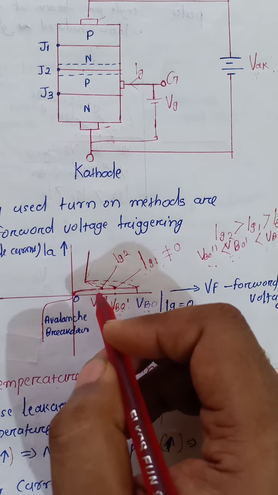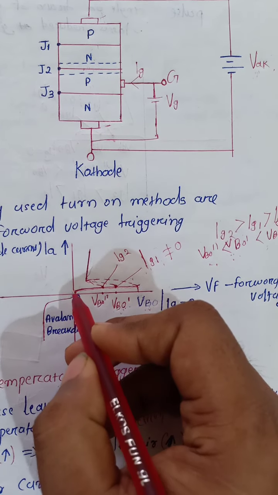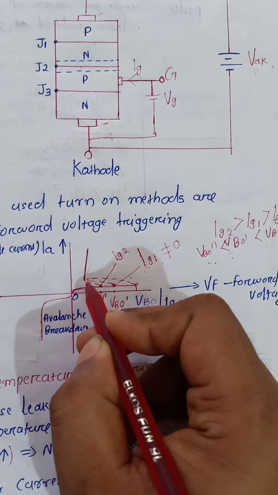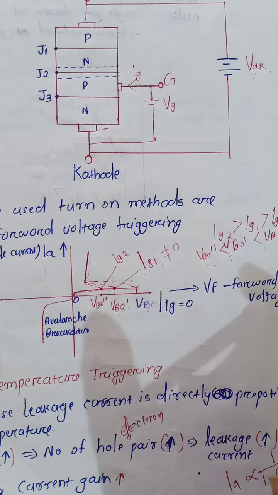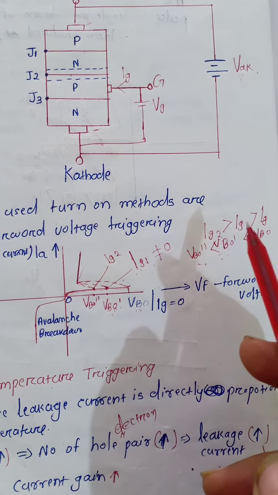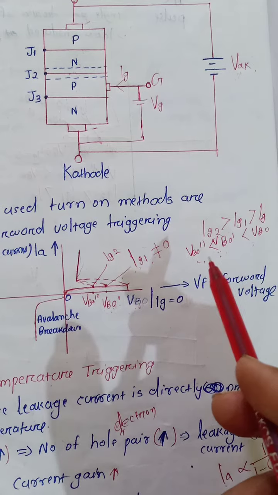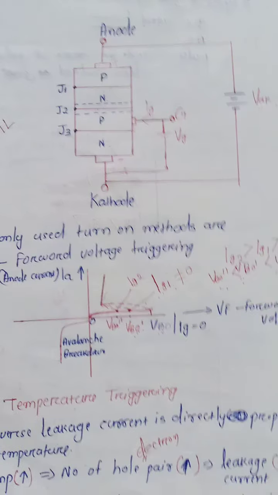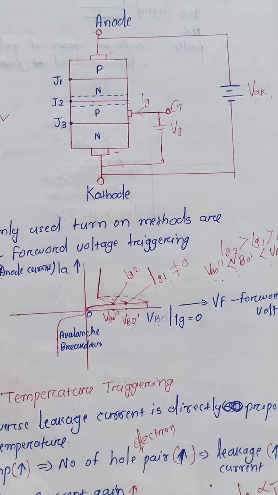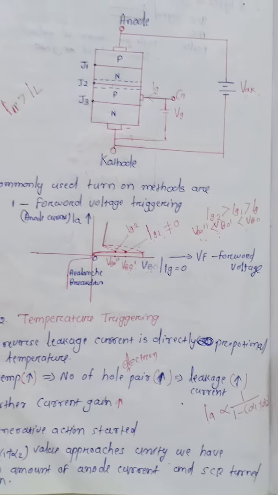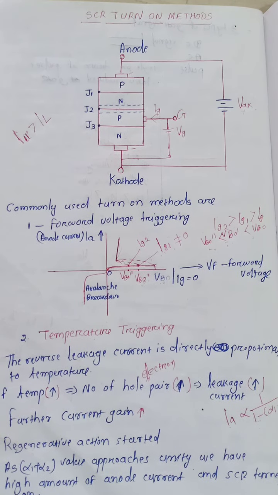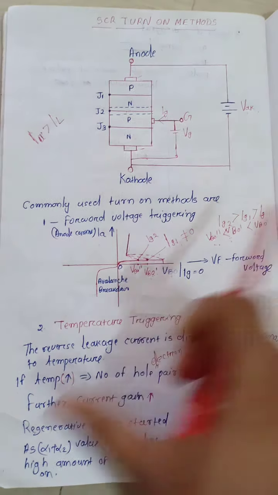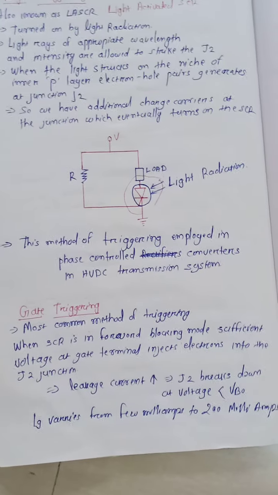Again I increase my gate current, so again my forward breakover voltage decreases. Whenever I increase the gate current value, my forward breakover voltage decreases. That's how we can control the instant of triggering. So this is all about the gate triggering method. These are the most common types of triggering methods, and the gate triggering method is widely used.